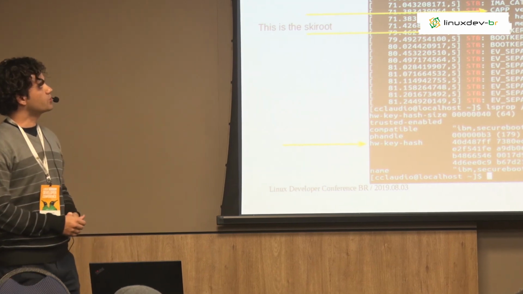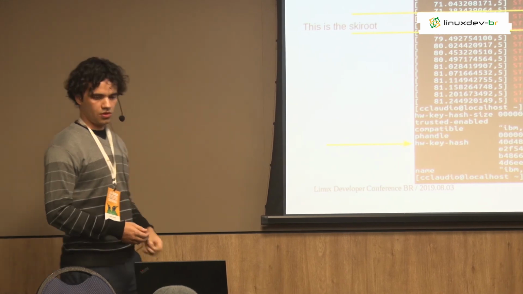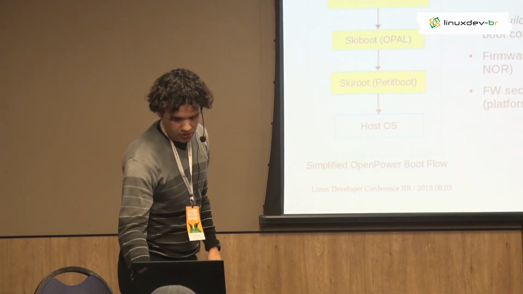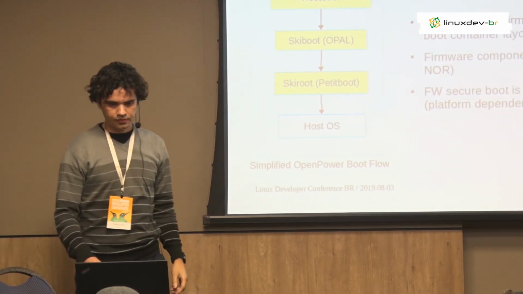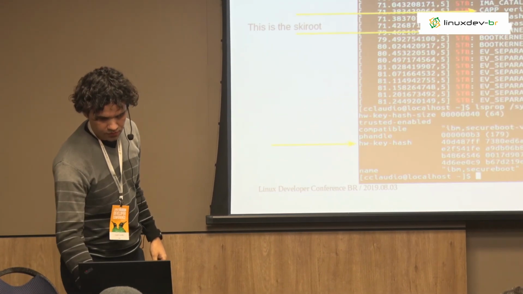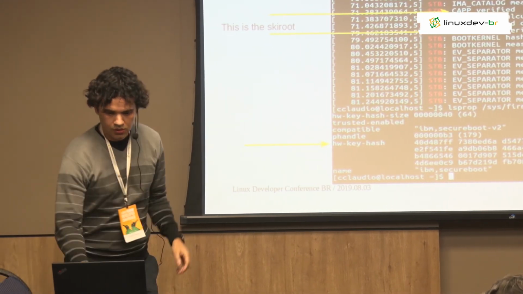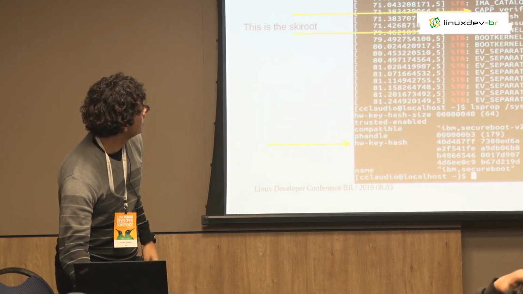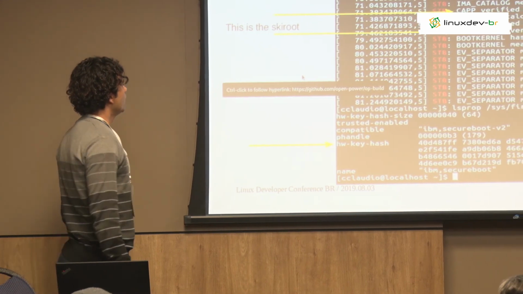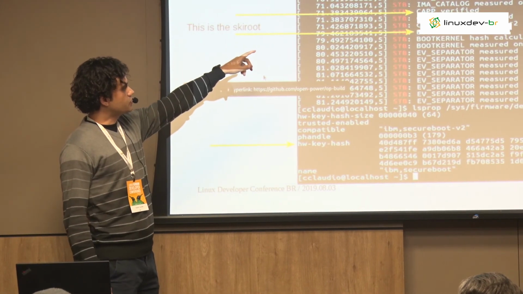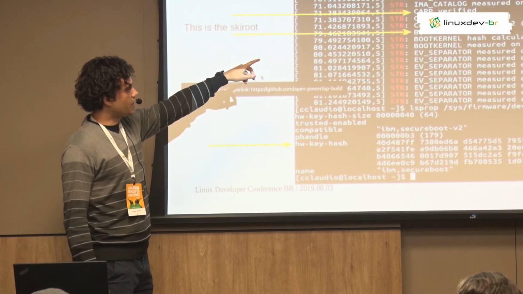Okay, so firmware secure boot is, as I said, upstream. And here I show only the messages for the Skiboot component. We can see that there are some images, for example, the capp catalog and the boot kernel.